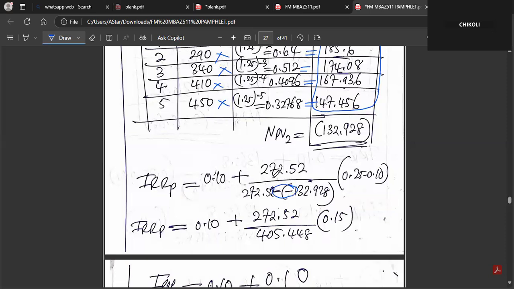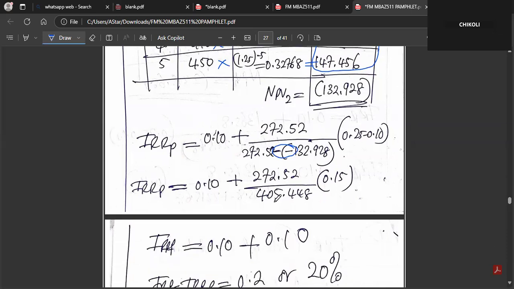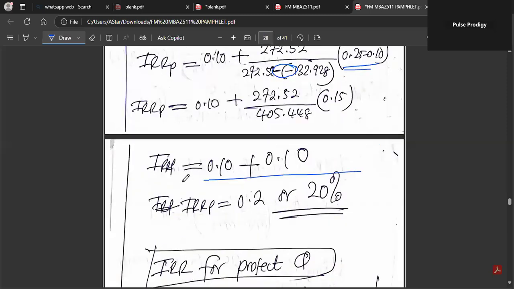All right, then the 272.52, divided by 405.448, multiplied by the difference in rates, which is 0.15, is giving us that one. So it's approximately 20%. That's the internal rate of return for project A, all right?